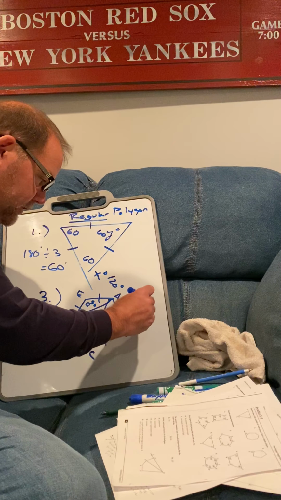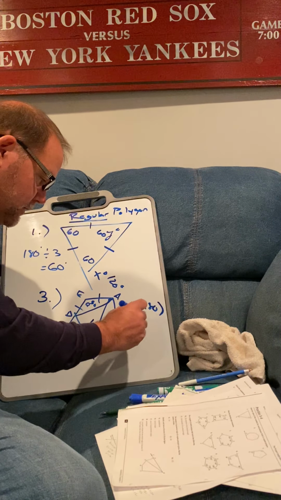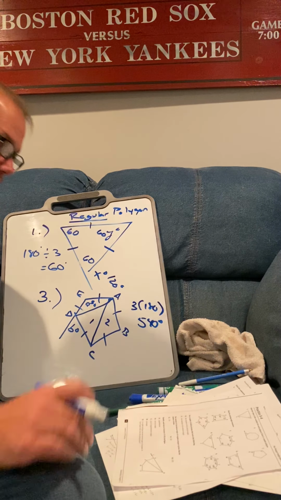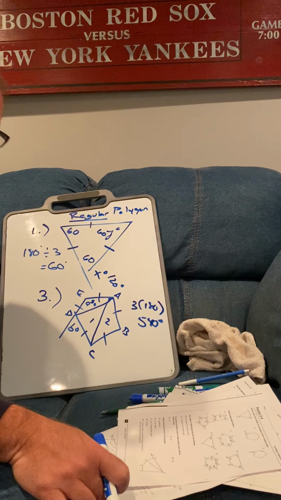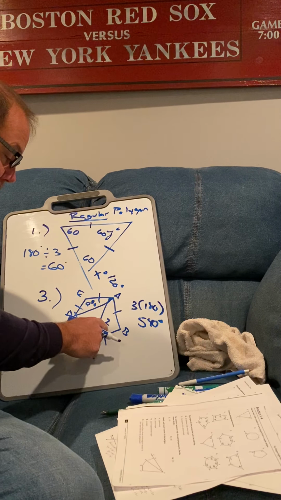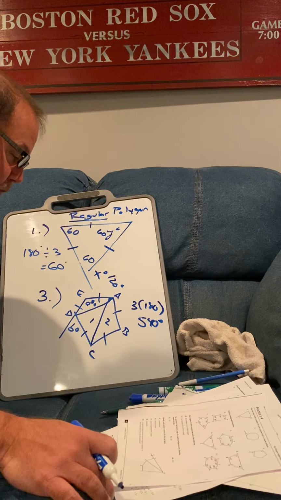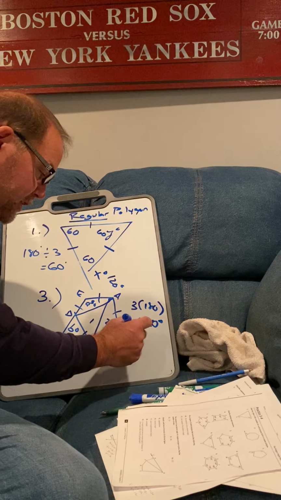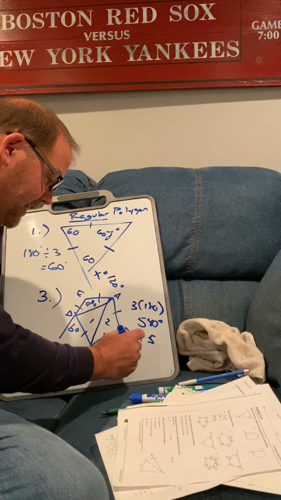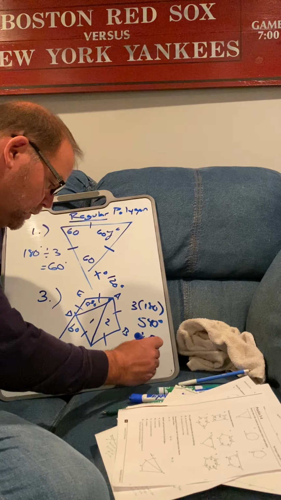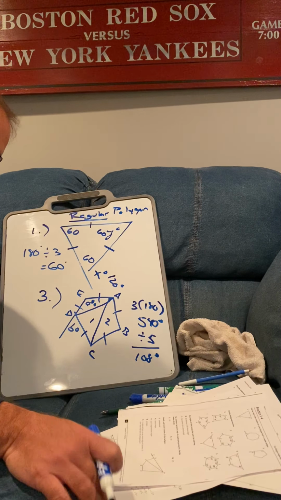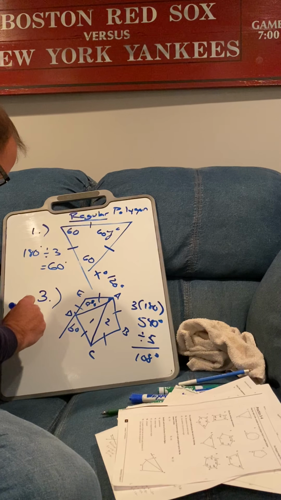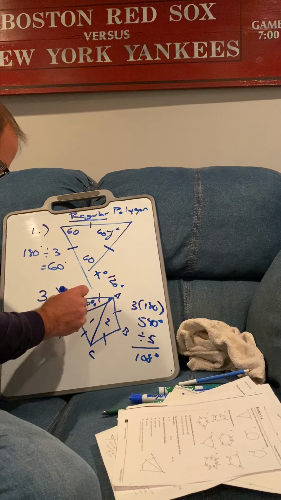So 3 triangles at 180 degrees, there's 540 degrees in a pentagon, excuse me. 180, 180, 180, so 540. So how much would each angle equal? Well, there are 5 angles, so if I divide by 5, each angle is going to be 108 degrees. So in this problem, that's why A is 108.